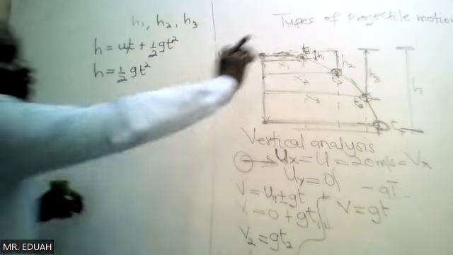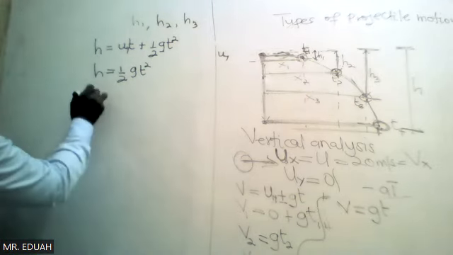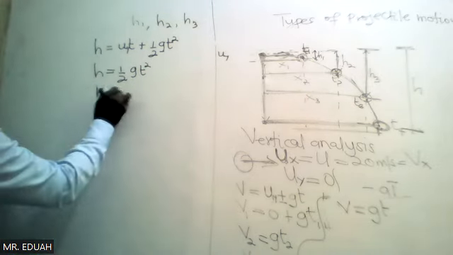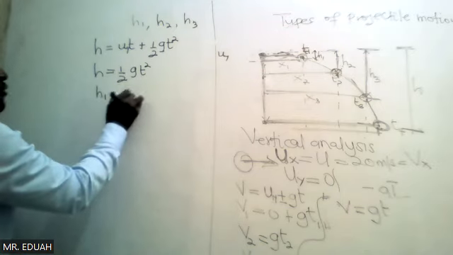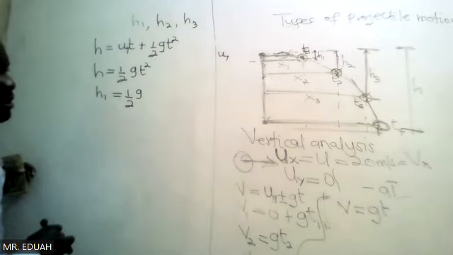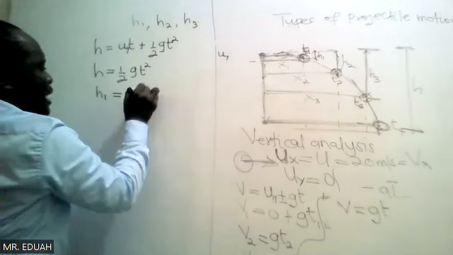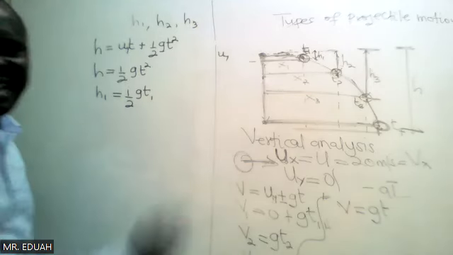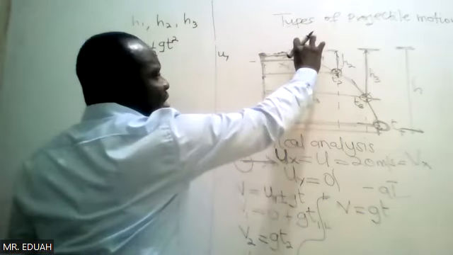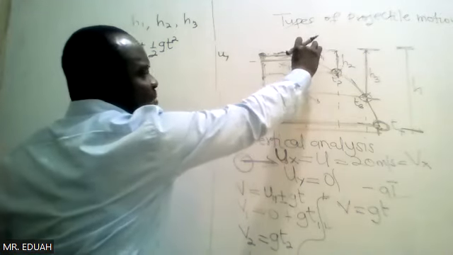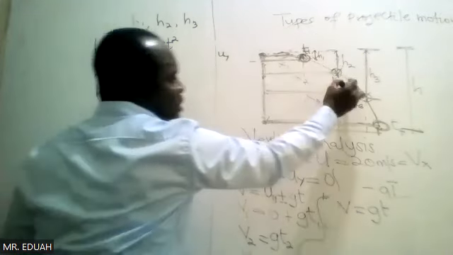So if I'm looking for H1, it means H1 will be equal to half g times the time taken to come here, T1. And that will give me the vertical displacement when the body gets to this point.